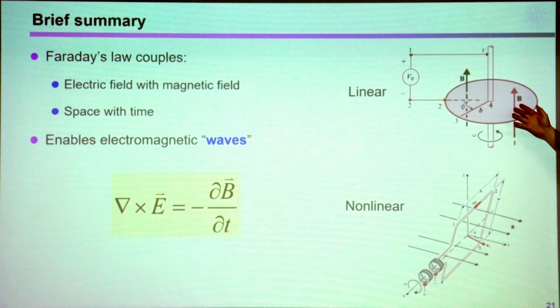Whenever you have time varying fields, remember, curl of H is now equal to the free current density, the movable charges, plus the time varying electric field lines. Okay.